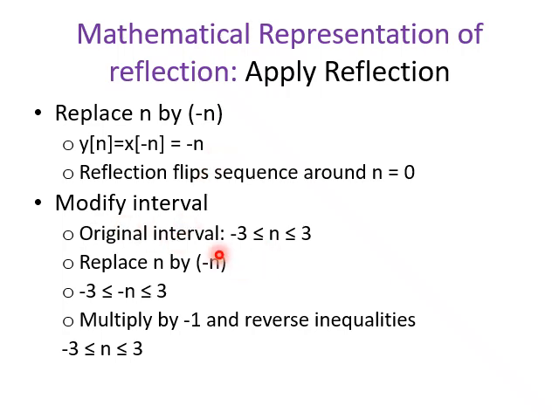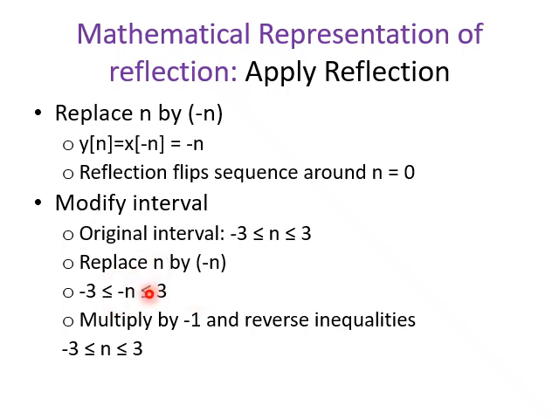The second step is to modify the interval. The interval is minus 3 to 3 and the independent variable is n, so n can have only integer values. It can be minus 3, then minus 2, but not minus 2.5, and so on. So you replace n by minus n, and multiply all the terms by minus 1.